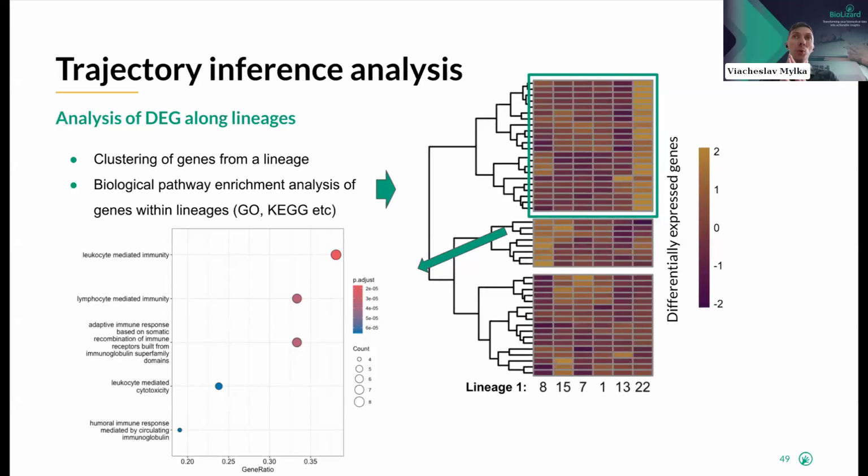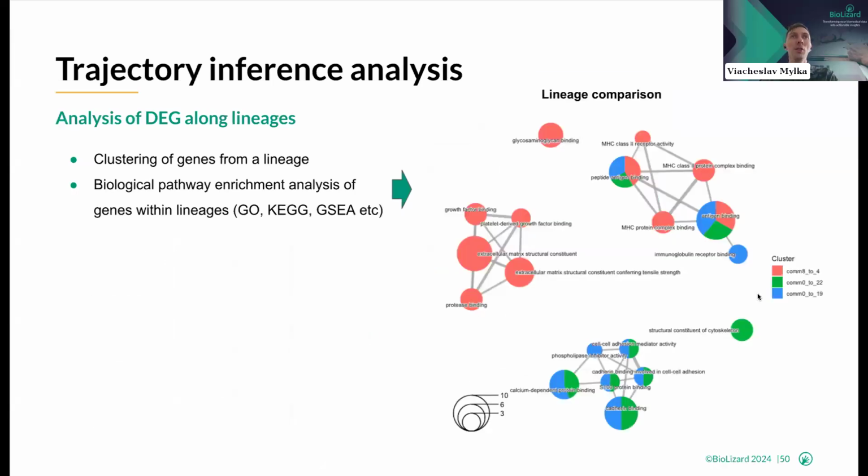And what we can do with those different clusters of genes, well, to answer the question which pathways are potentially involved in differentiation of pathology, we can do pathway enrichment analysis, either gene ontology or KEGG. So that also can be extremely useful for researchers. Another approach comparable to the previous one is gene set enrichment analysis.